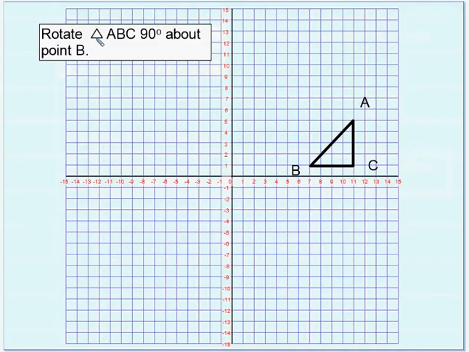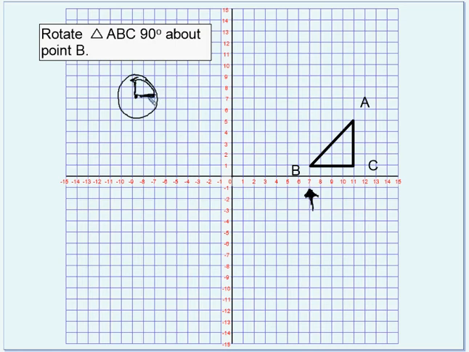We are going to rotate triangle ABC 90 degrees about point B. Okay, so what does that mean? It means we're going to use point B as our pivot point, and we are going to spin or turn, rotate everything around that. Now how far is 90 degrees? Well, if you think about a full circle, if I start at point B, I would rotate 90 degrees, right?